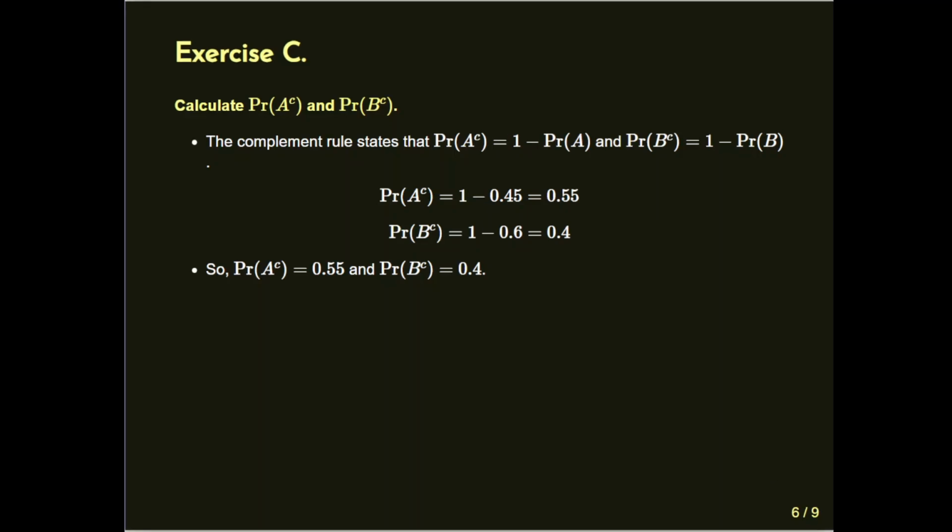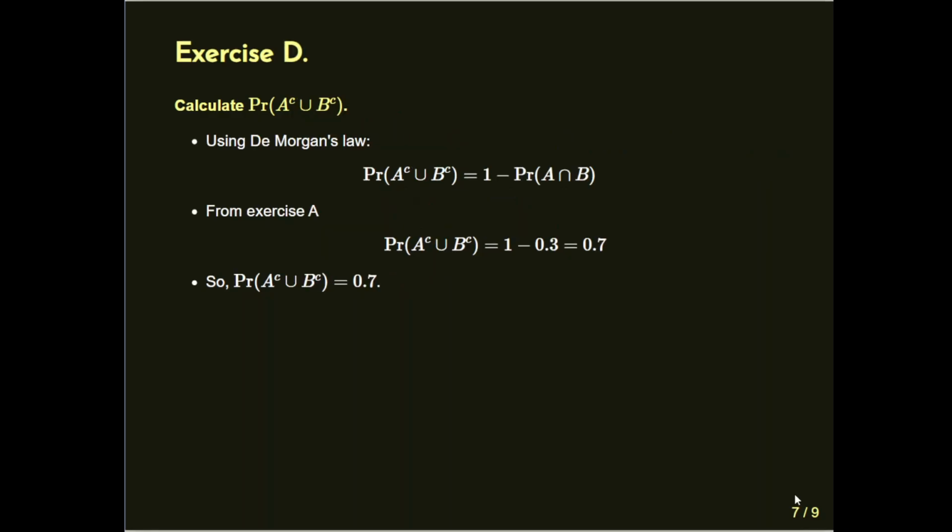And finally, let's look at exercise D, which concerns De Morgan's laws. Let's just read the question. Calculate the probability of the complement of A union the complement of B. There are two De Morgan's laws. One is essentially the mirror of the other, and they both have a very similar structure. But I'm only going to address this one for this particular video.